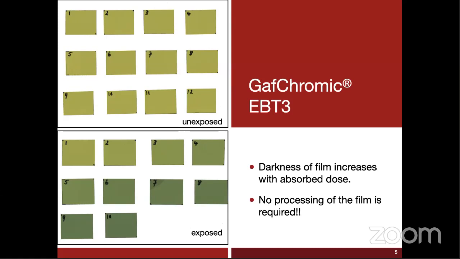But they do have some disadvantages. For example, for very low doses, I think they're not really good. You cannot rely on them. And probably, as I will explain for the TBI, you need to wait for some time if you want to have good results. You cannot immediately scan the films after the radiation.